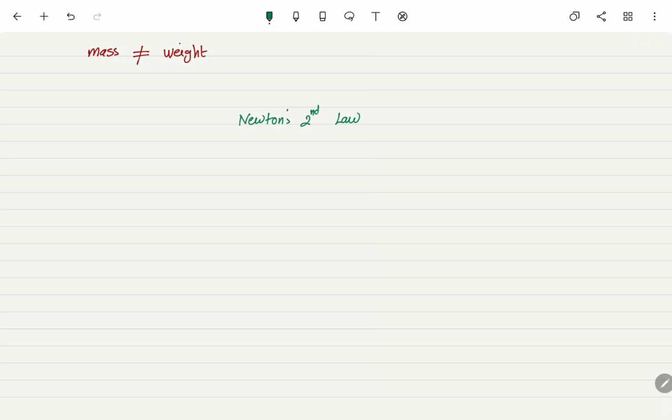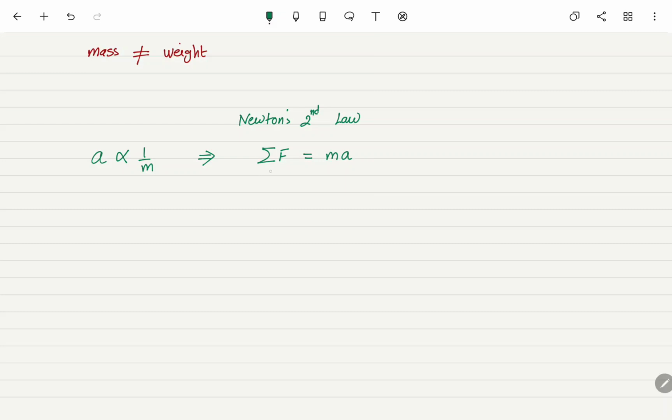In other words, the acceleration is inversely proportional to the mass. This can be summarized in Newton's second law: the net force acting on any object is equal to ma. The sum of all forces equals ma.